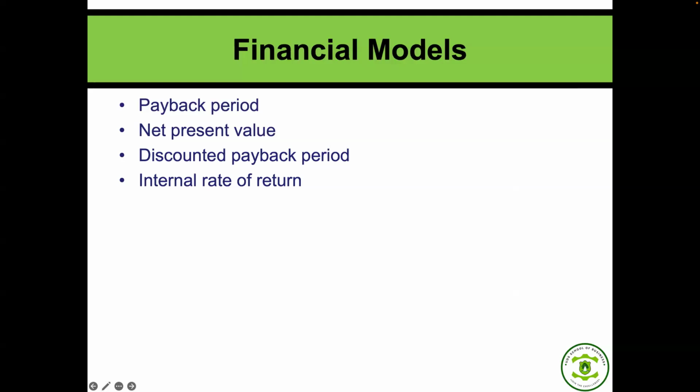Then also the discounted payback period and the net present value. These usually talk about, for instance, if you are taking a loan of say 30,000 and you are going to pay it over 5 years, considering the interest rates you are likely to end up paying 60,000.